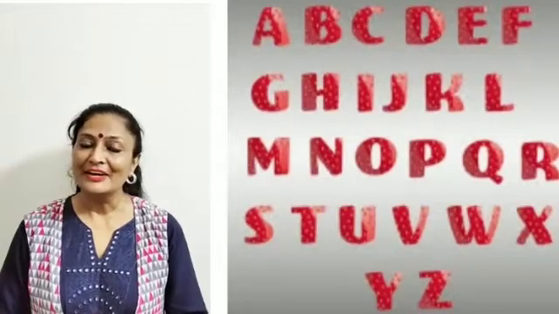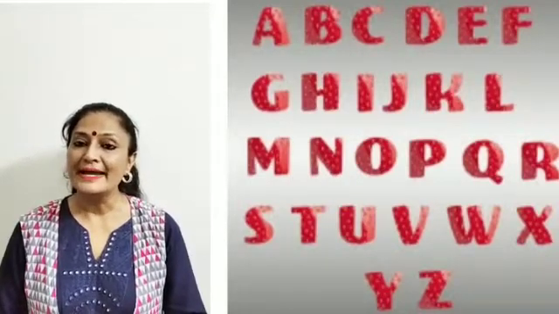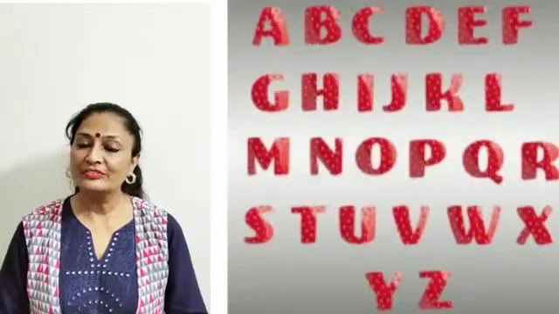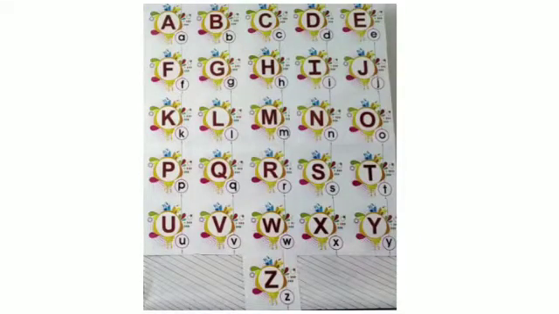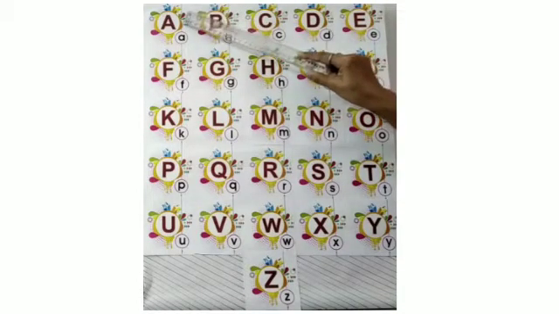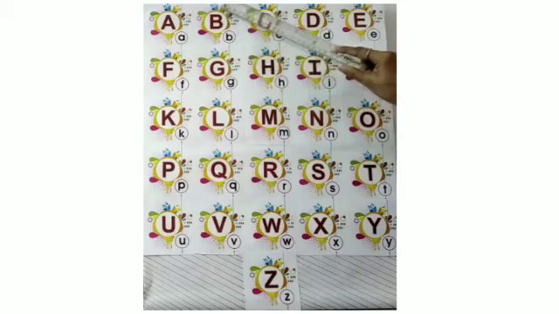So let us revise letters from A to Z. Repeat after me. Capital A, small a. Capital B, small b. Capital C, small c. Capital D, small d.